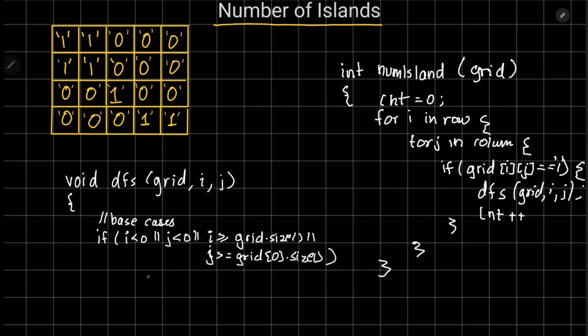So if we go out of bounds, we will just return from DFS. Also, if the current cell, that is grid of i j, is equal to 0, we will do nothing and return from here.